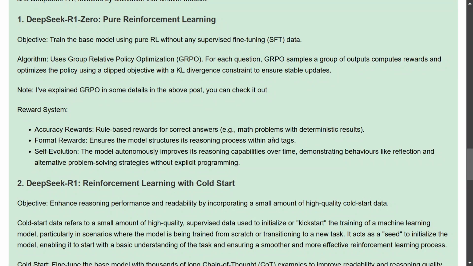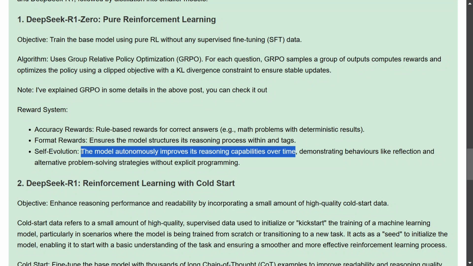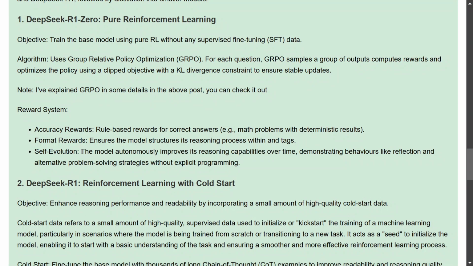Self evolution, the model autonomously improves its reasoning capabilities over time. So talking about DeepSeek R1 Zero, the first model that the team trained, they just used reinforcement learning with the GRPO algorithm. They updated the policy from time to time, and the reward system included accuracy of the result and format of the answer in which they were asking for.